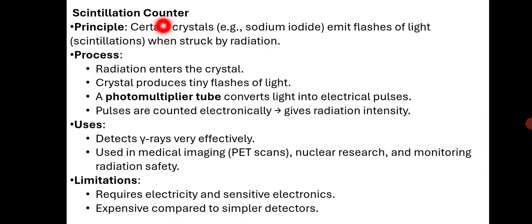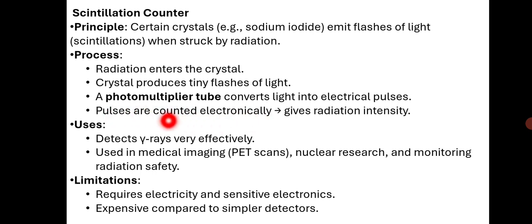Relate the diagram to what we have discussed so far. We said that radiation enters the crystal, sodium iodide, and the crystal produces flashes of light, and then a photomultiplier tube converts light into electrical signals.